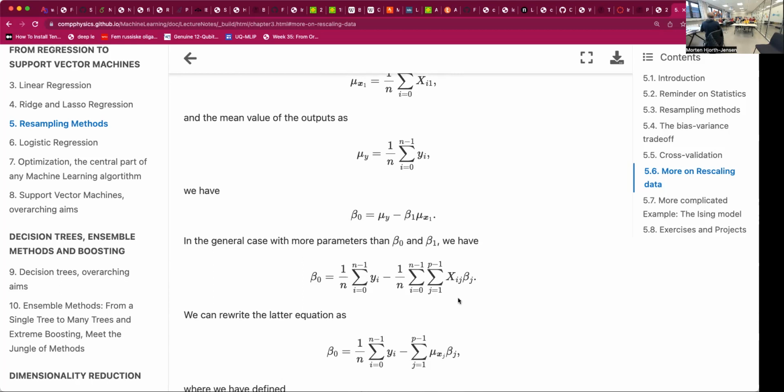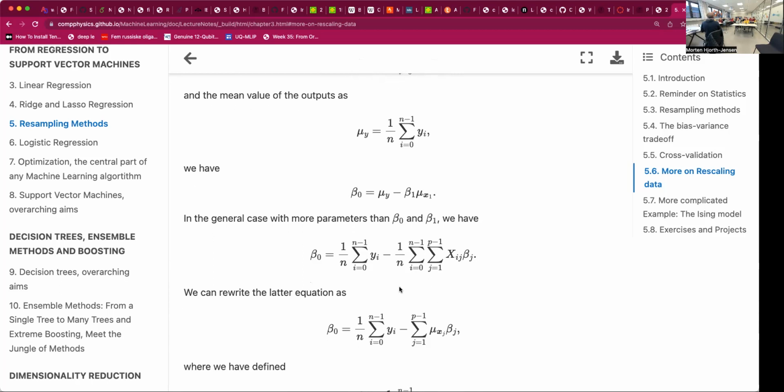So it means that if you leave out the intercept in the fitting, you can take out that column from the design matrix, and you can get the intercept back again by simply taking the mean values of each column in the design matrix and the optimal values for beta, and then you can find the intercept.